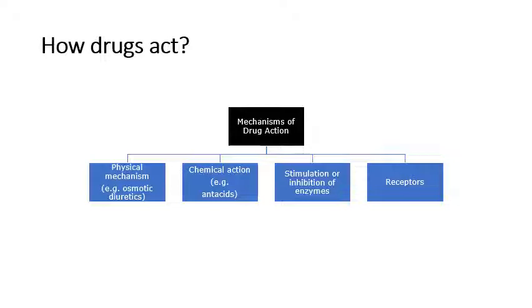Also, a drug can produce its effect by chemical interaction. An example of a drug that produces its pharmacological effect by chemical action is antacids, which are normally used for the treatment of hyperacidity or peptic ulcer, which involves increased hydrochloric acid production in the stomach, and the subsequent effect of this increased acid in the stomach can be harmful to the patient.